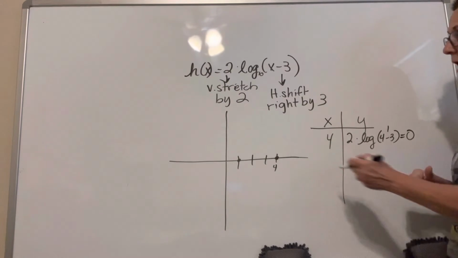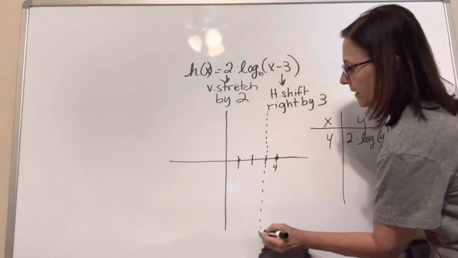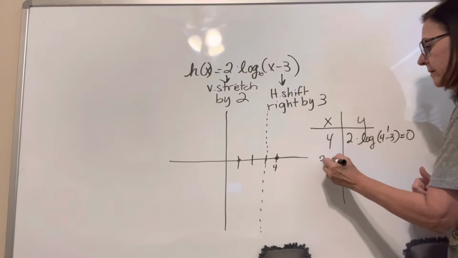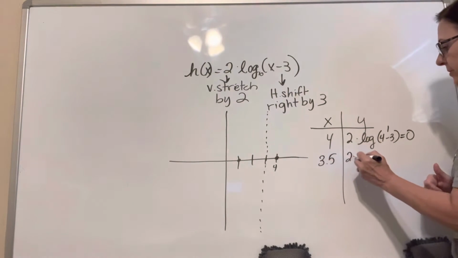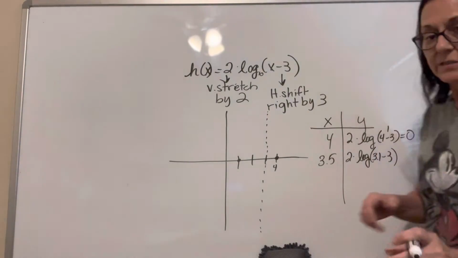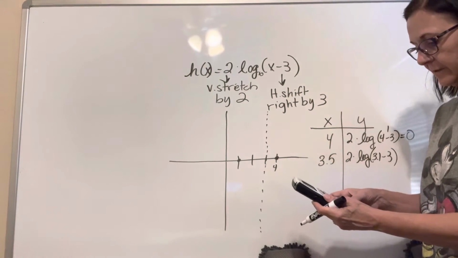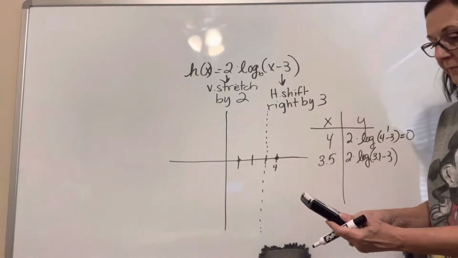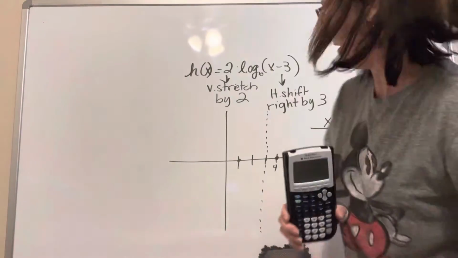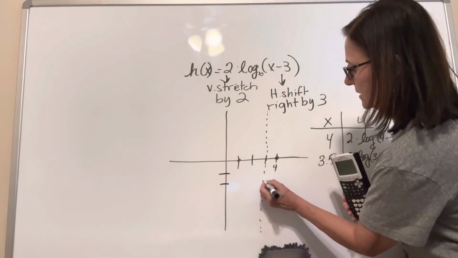I'm expecting there to be a vertical asymptote here. So let's get close. Let's go to 3.1. So it'd be 2 times the log of 3.1 minus 3. I'm just going to do this in my calculator. 2 times the log of 0.1 is what it's going to be. So it's going to be -2. That's going to be the y value. So just right here is going to be here.